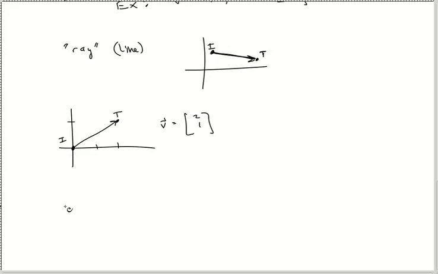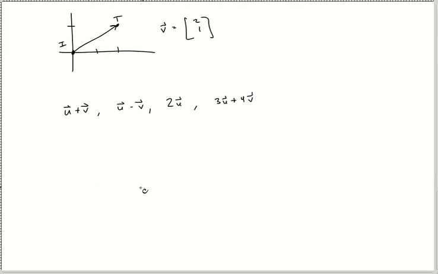You could do all kinds of things with vectors: u plus v, u minus v, all these different properties. I don't know, 2 times u, 3u plus 4v, something like that. There's a lot of different math you can do with it. There are some particular properties that would be important for us to remember and know. Whenever we're doing vector addition, there is closure under vector addition.